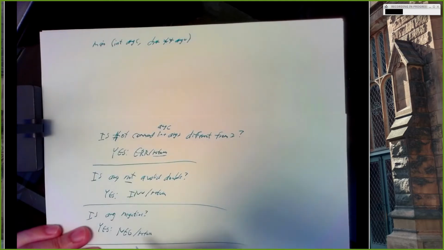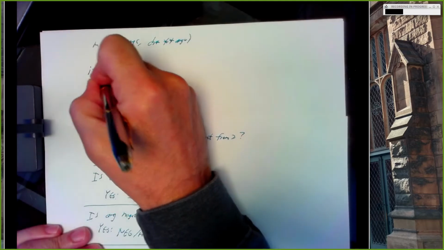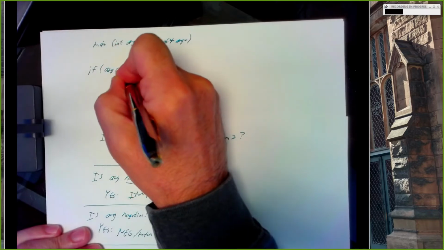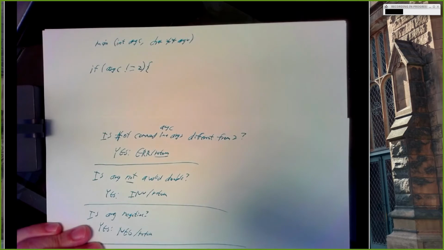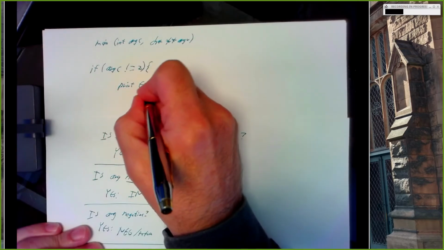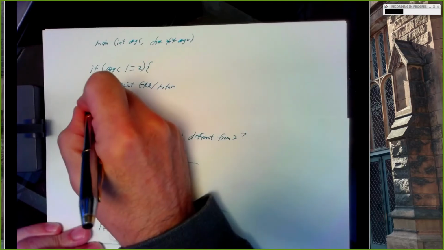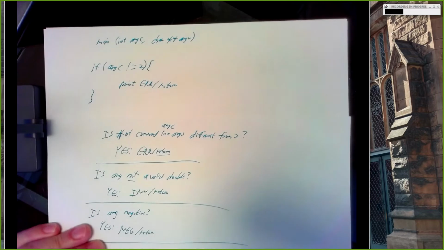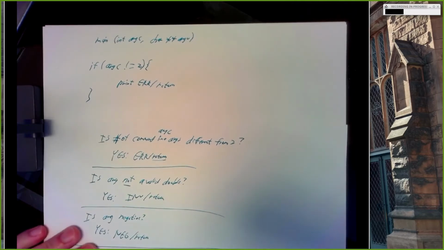So argc, argv: is the number of command line arguments different from 2? Well, argc is the number of command line arguments. So this first statement is basically: if argc is not equal to 2, print the error message and return. I'm mixing in some pseudocode here with C. That takes care of the whole argc question.